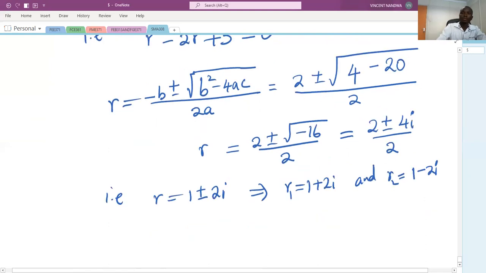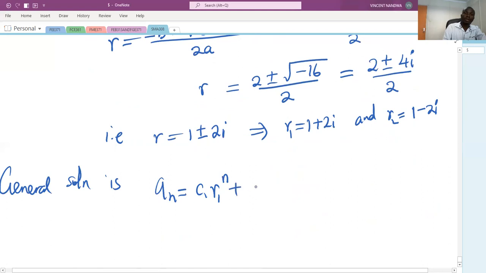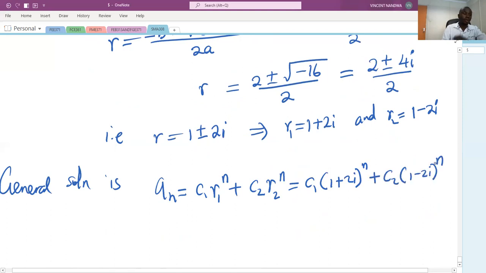So the general solution is a_n equals c1 r1^n plus c2 r2^n, which will be c1 (1 plus 2i)^n plus c2 (1 minus 2i)^n.